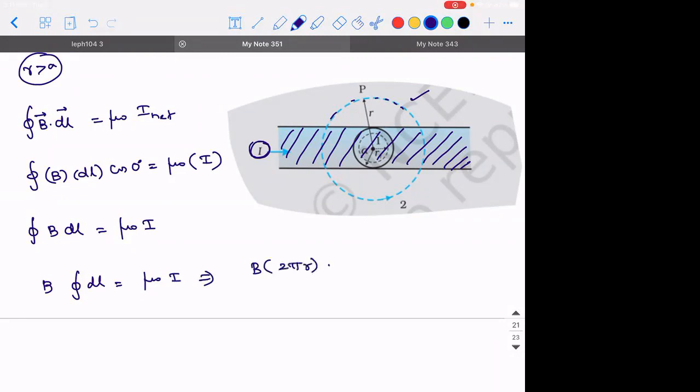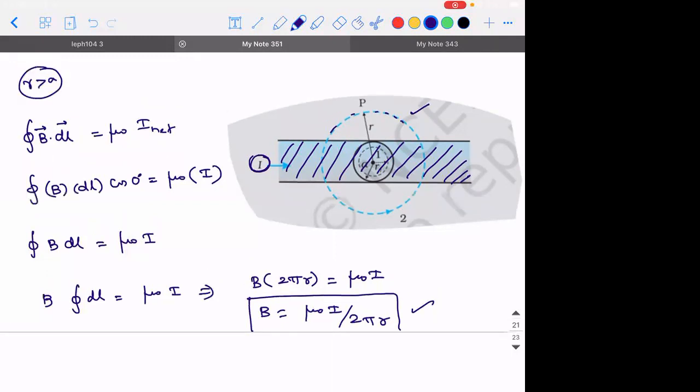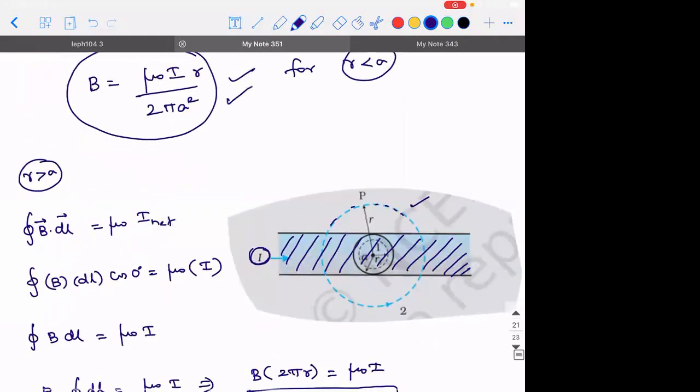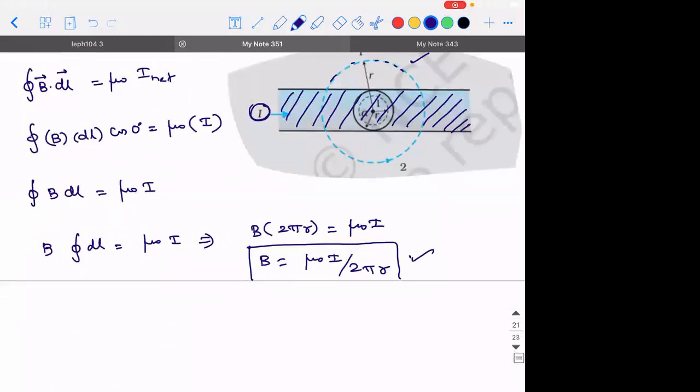It will be 2 pi r, which is equal to mu naught I. So B will be equal to mu naught I divided by 2 pi r. So the magnetic field within the area is going to be mu naught I r by 2 pi a square, and outside it is going to be mu naught I divided by 2 pi r.